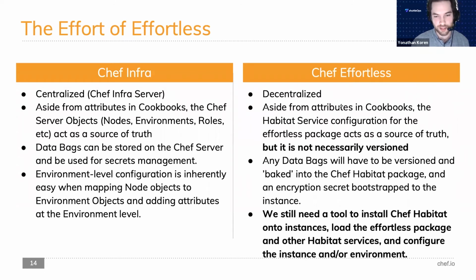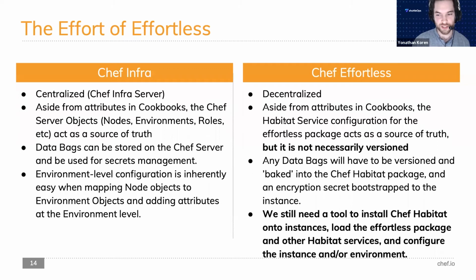One of the main differences that I see between Chef Infra and Chef Effortless is that Chef Infra can give you a whole source of truth. Aside from the default attributes in the cookbooks, you can have the Chef server objects repository, where all your node objects, your environment objects, your roles can tell you what attributes are being used to feed to the cookbooks that you're running.